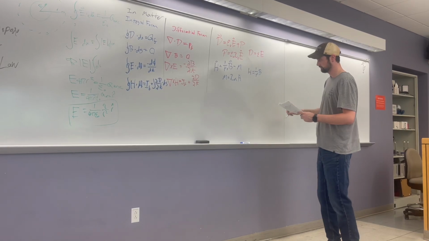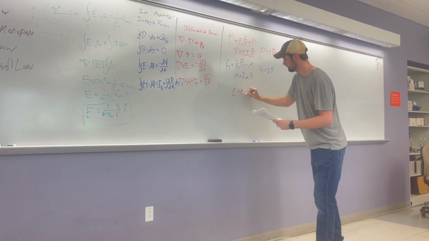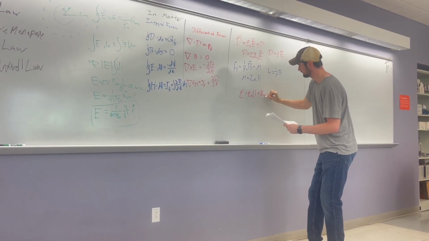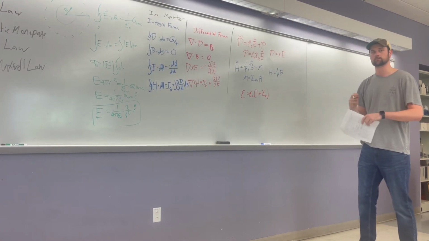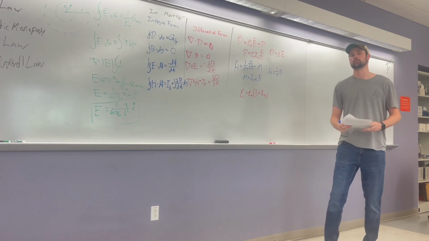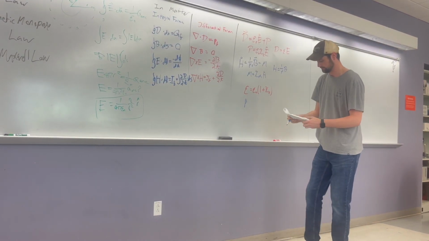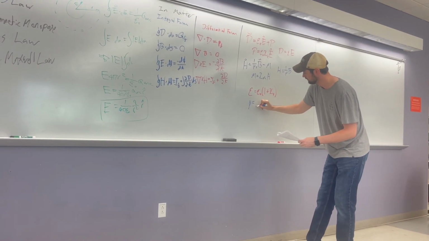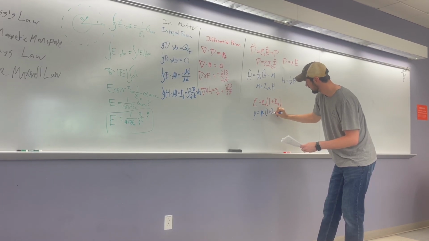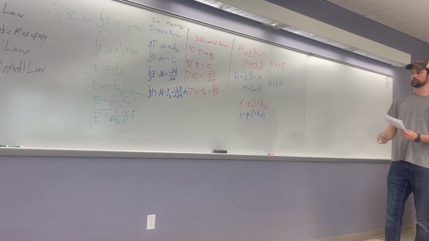So for epsilon, epsilon is equal to epsilon naught times 1 plus the electric susceptibility. So epsilon naught refers to electric fields. It's essentially how freely an electric field can move through space. Mu is similarly equal to mu naught times 1 plus chi M. And that is how a magnetic field can move through space.